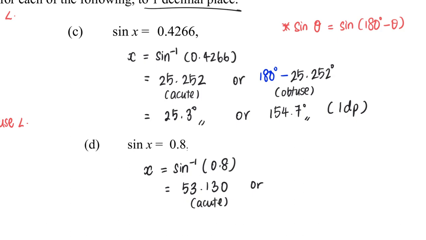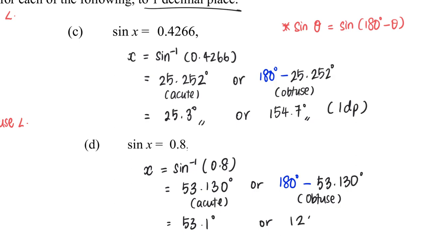But we also need to remember that the obtuse angle will also give us back that same ratio. Okay, this will be my obtuse angle. And so the final answer will be 53.1 degrees or 126.9 degrees to 1 decimal place.